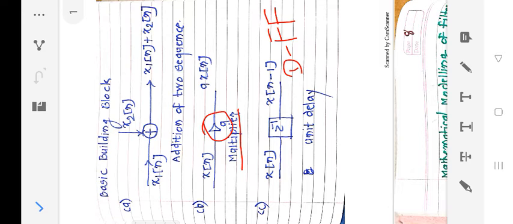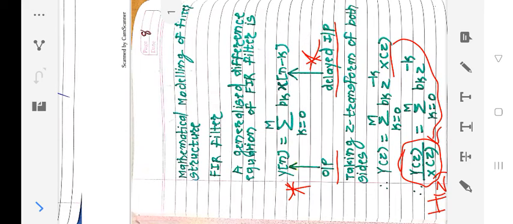If it is z to the power plus 1, then that filter will be a non-causal filter, so we don't need that filter. That's why we have z inverse terms only. Then we have seen the mathematical modeling of the filter, where the special characteristic of this FIR filter is that it has only delayed input, not any other input.